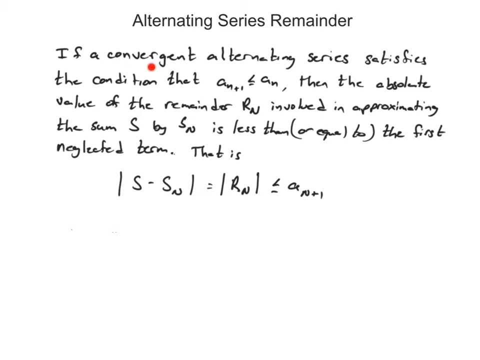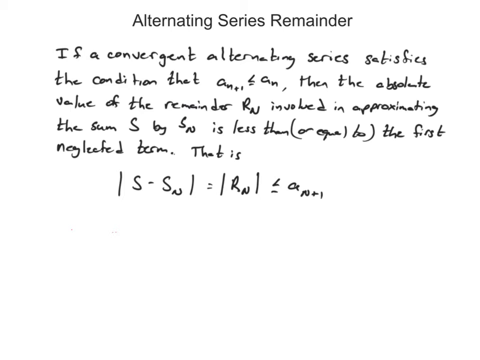Now, if a convergent alternating series satisfies the conditions that a sub n plus 1 is less than a sub n, then the absolute value of the remainder involved in approximating the sum s by s sub n is less than or equal to the first neglected term.